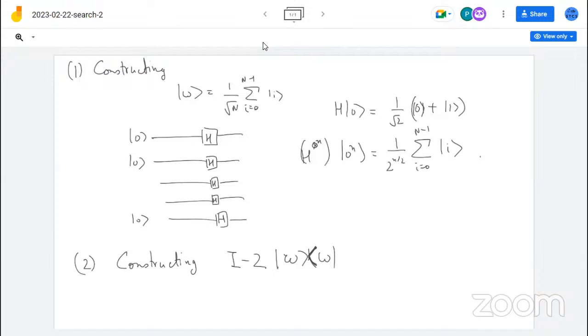It's not a one matrix, it's W. It's a very simple matrix, but you have to do it with basic gates, basic 1 or 2 qubit gates.